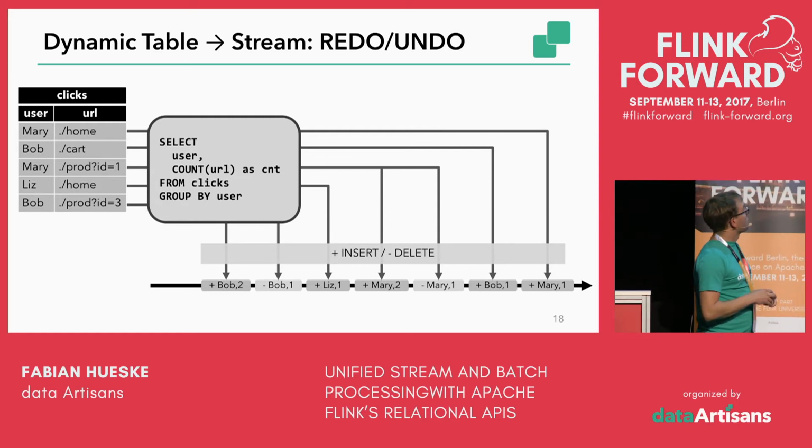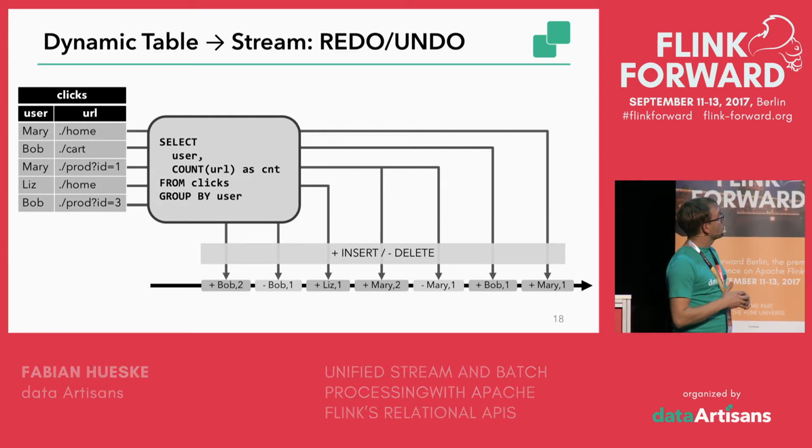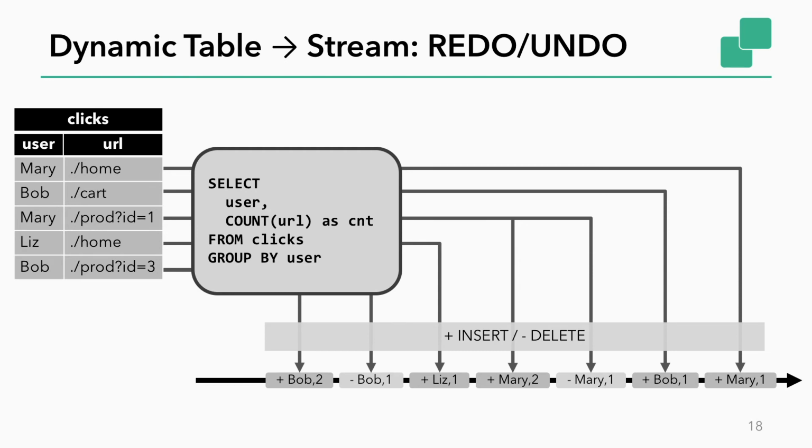So the first mode is called redo undo log, because the stream basically exposes both the old record and the new record. Whenever we do an update of a row, we first send a retraction value, which basically means please remove this value, and then we send a new record which says here is the new value.